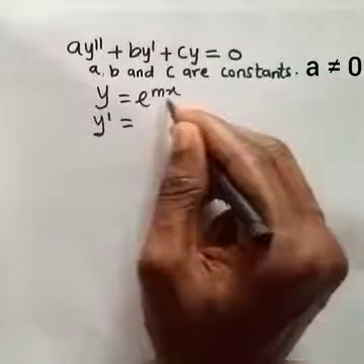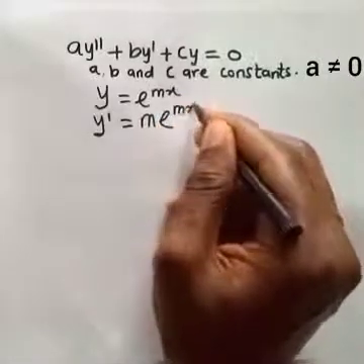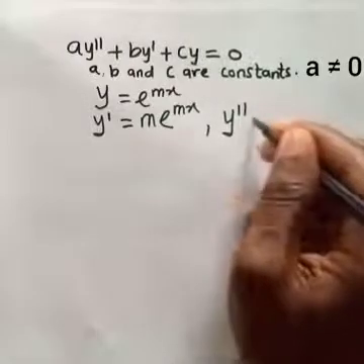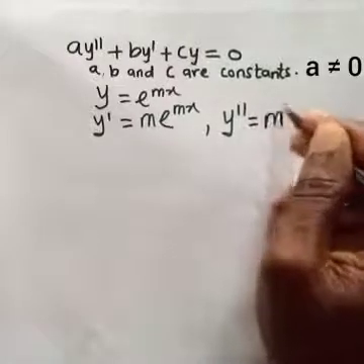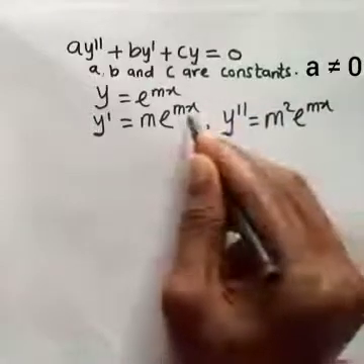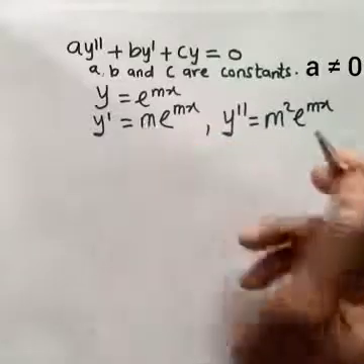If we differentiate this, we have y' = m e^(mx), and if we differentiate a second time, y'' gives us m² e^(mx), since m times m gives m squared.